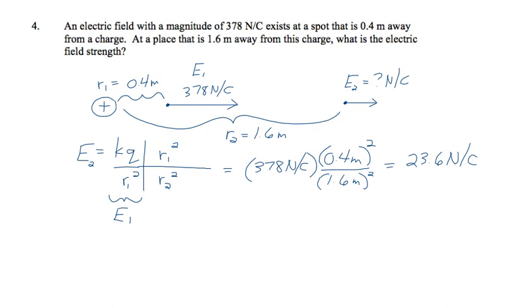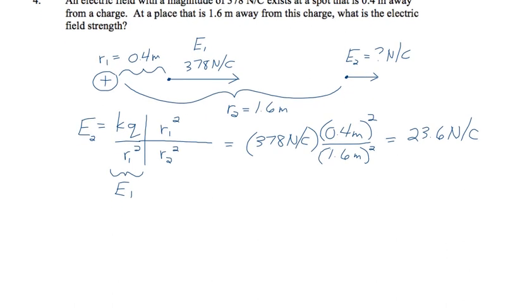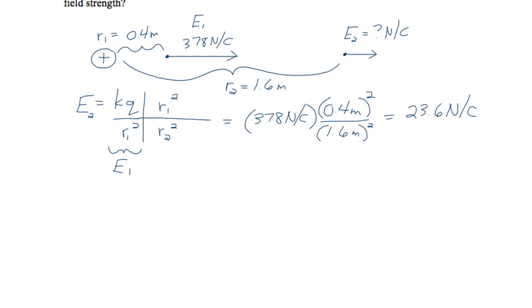Okay, so now that we did it that way, this is another way of doing the same problem. If you look at the original problem, we know that E1 equals KQ over R1 squared.